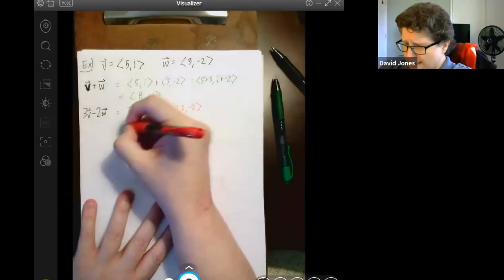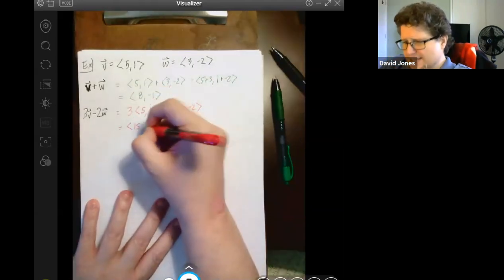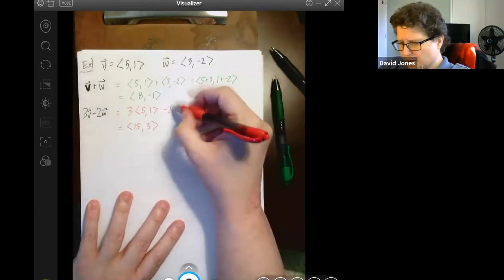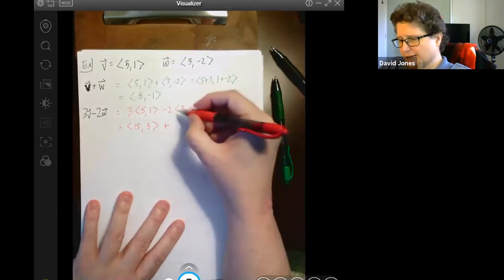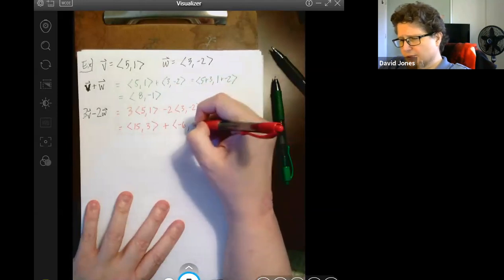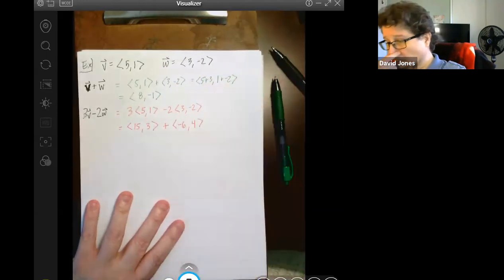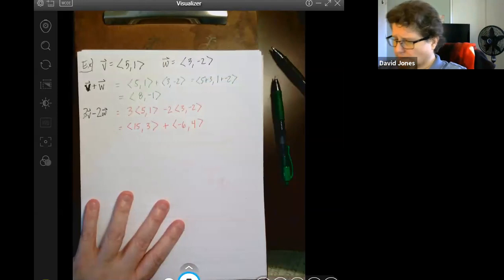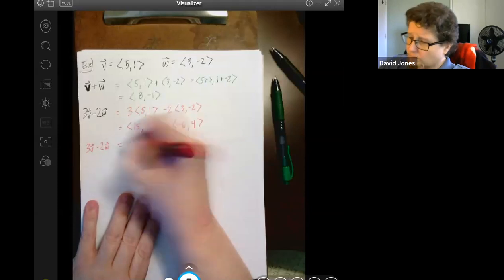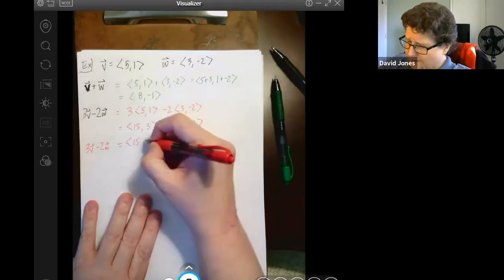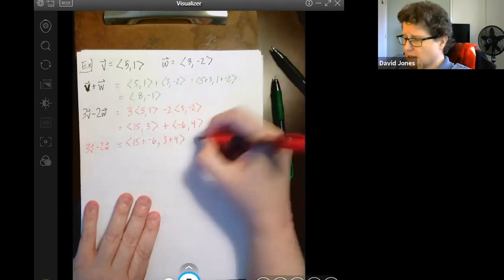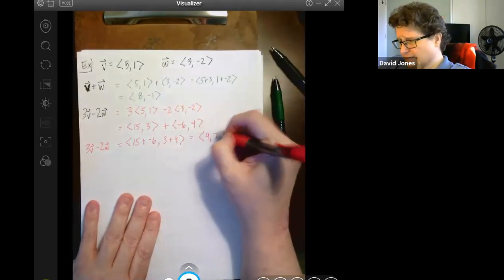I'll distribute these in. 3 times 5 is 15. 3 times 1 is 3. I'll distribute the negative 2 in, making this positive. Negative 2 times 3 is negative 6. Negative 2 times negative 2 is 4. We add the individual components. And we get 9 comma 7.